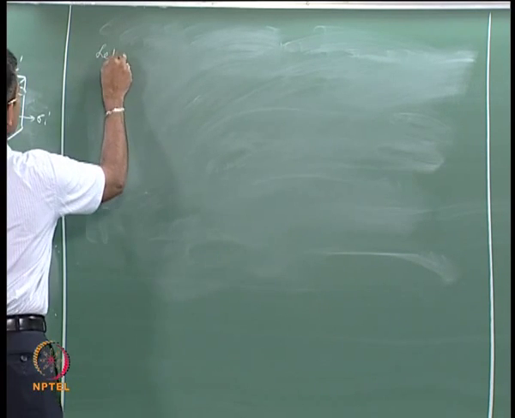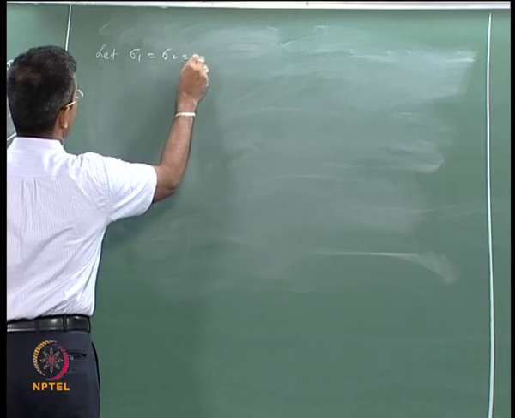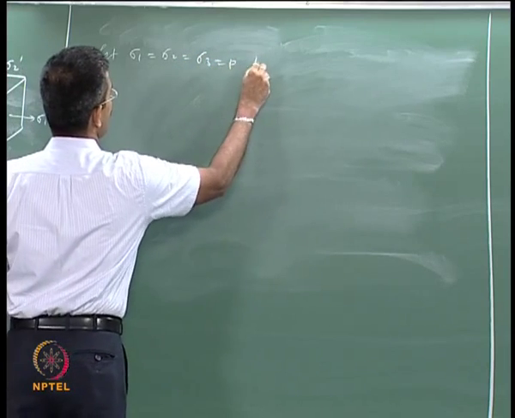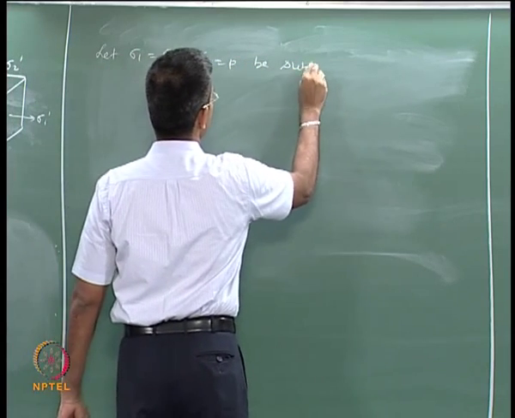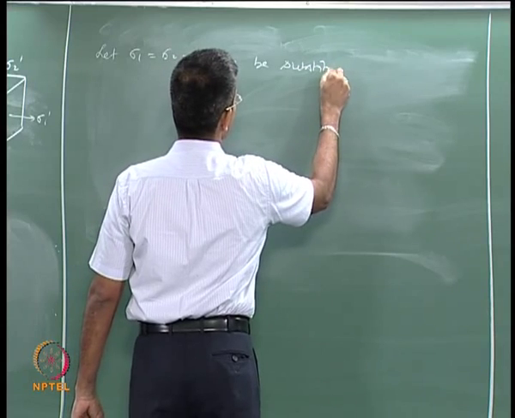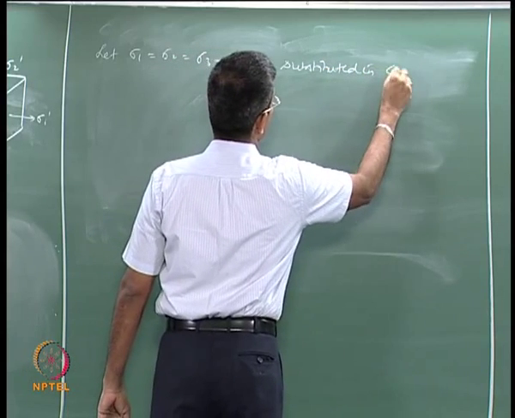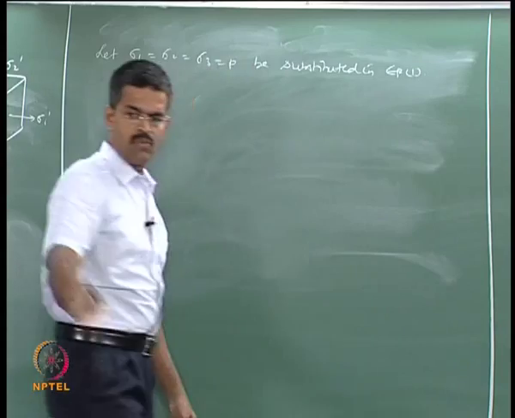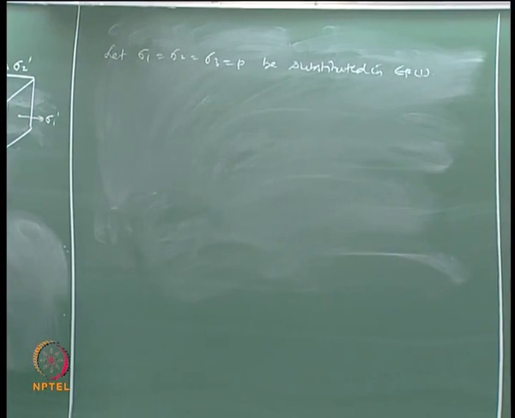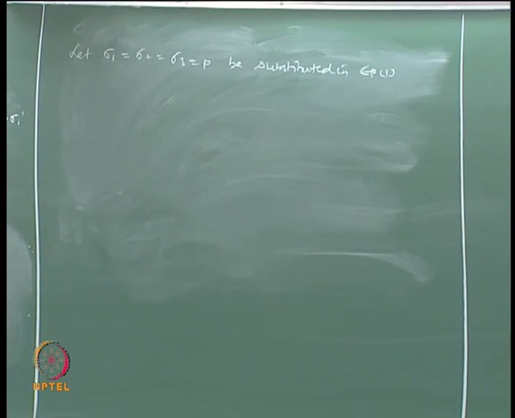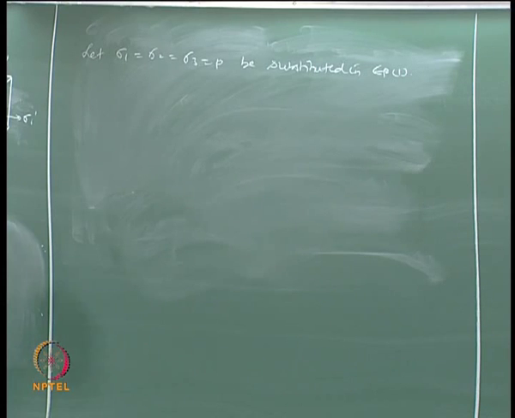let sigma 1, sigma 2 and sigma 3 be P, be substituted in equation 1. Equation 1 is the total strain energy value. Just see the equation 1. I am rewriting it here.